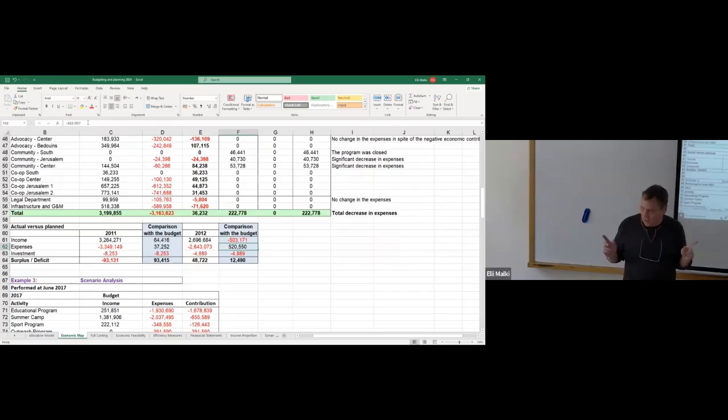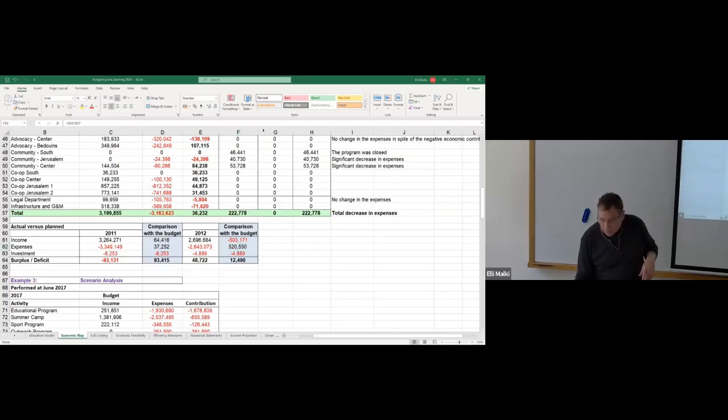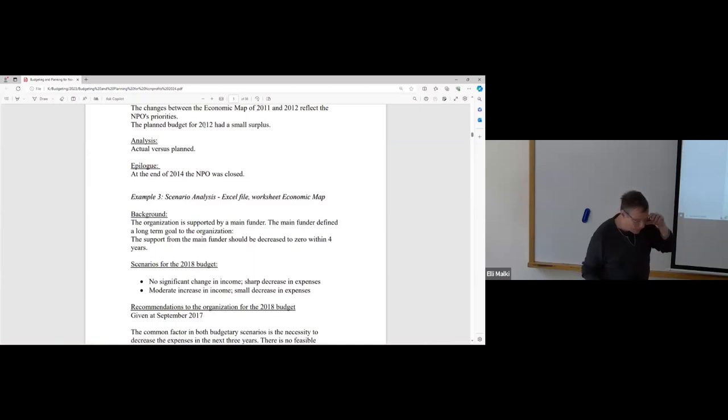I don't know if she decided to close the organization due to economic reason, the accumulated deficit, or due to the fact that she was unable to continue the programs as she wanted, or maybe due to both. That's possible. But this is what we can see when we compare the actual results to the planned budget. And again, if we go to our PDF, so the unfortunate end was that the organization was closed.